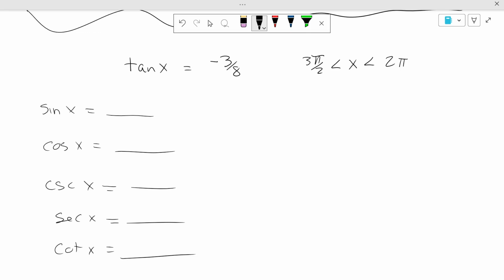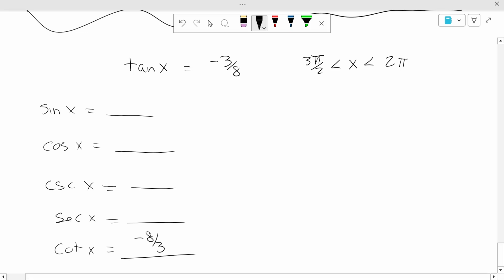So, what's the easiest to find out of all of these? Cotangent of x. What's cotangent of x going to be? Negative 8 over 3. Okay, so we got that. Next, what do we find? Cosecant.